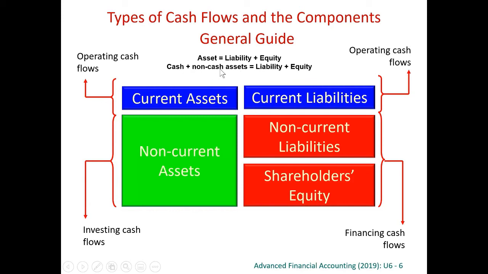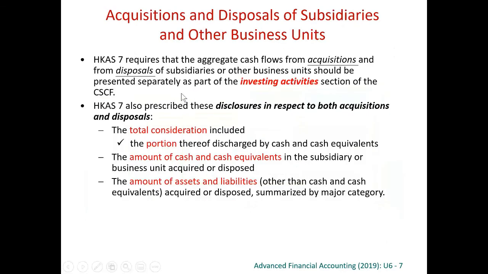So cash plus non-cash assets equals liability plus equity. Therefore, we assume that if liability increases, cash increases, if the others remain constant. If equity increases, cash increases. However, if the non-cash assets increase, cash should go down. This is our general guideline.